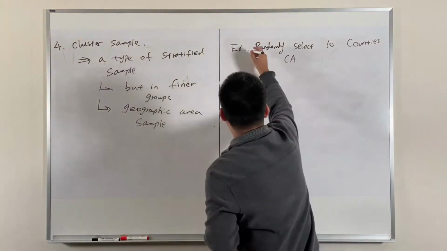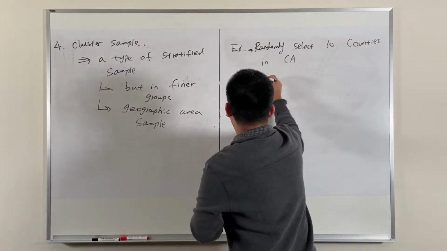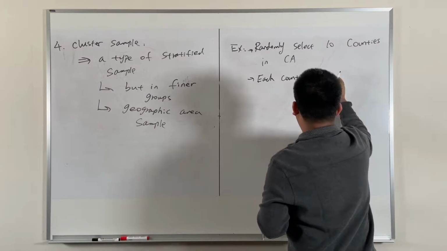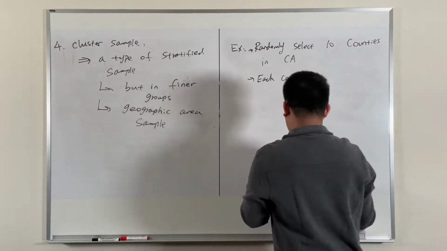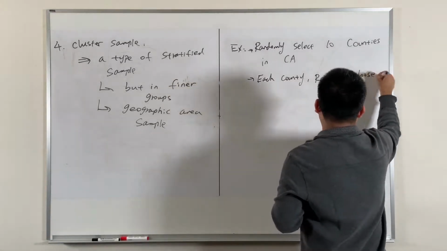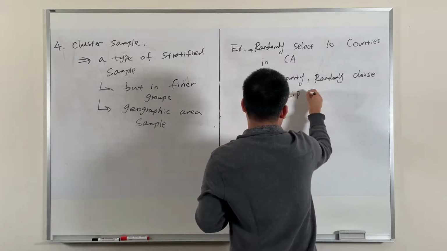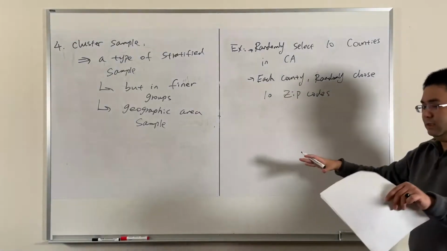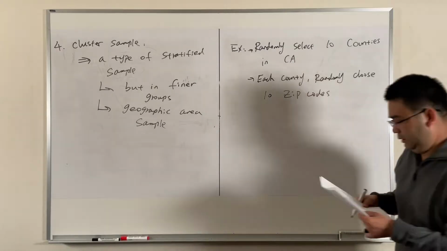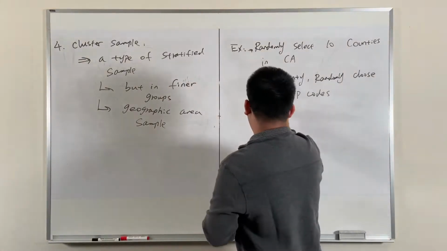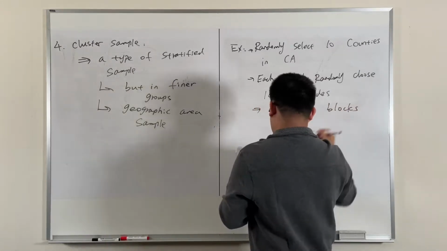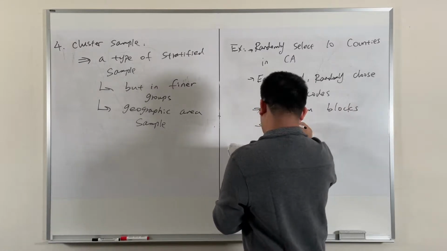Then in each county, we randomly choose 10 zip codes. Then in each zip code, we pick 10 random blocks, and in each block we randomly pick 2 people.